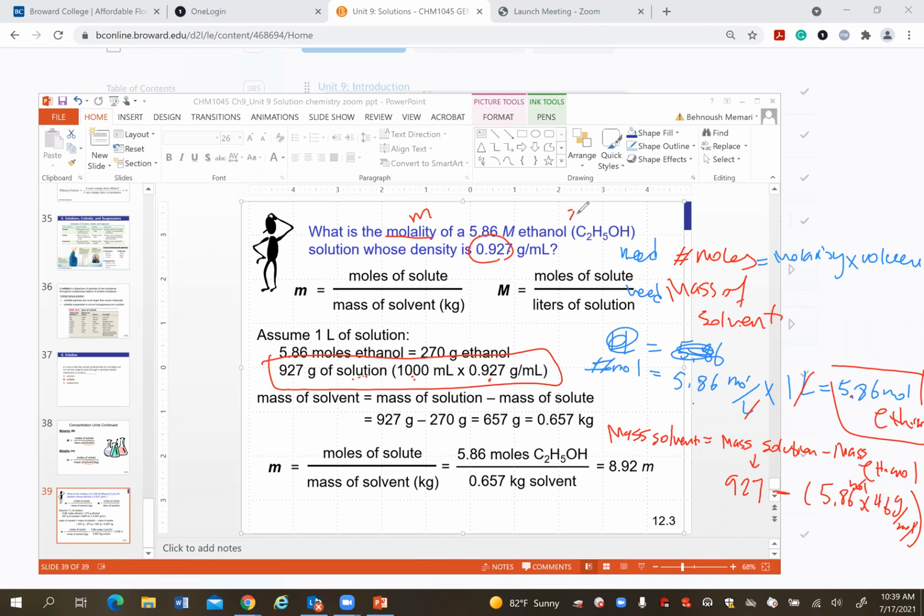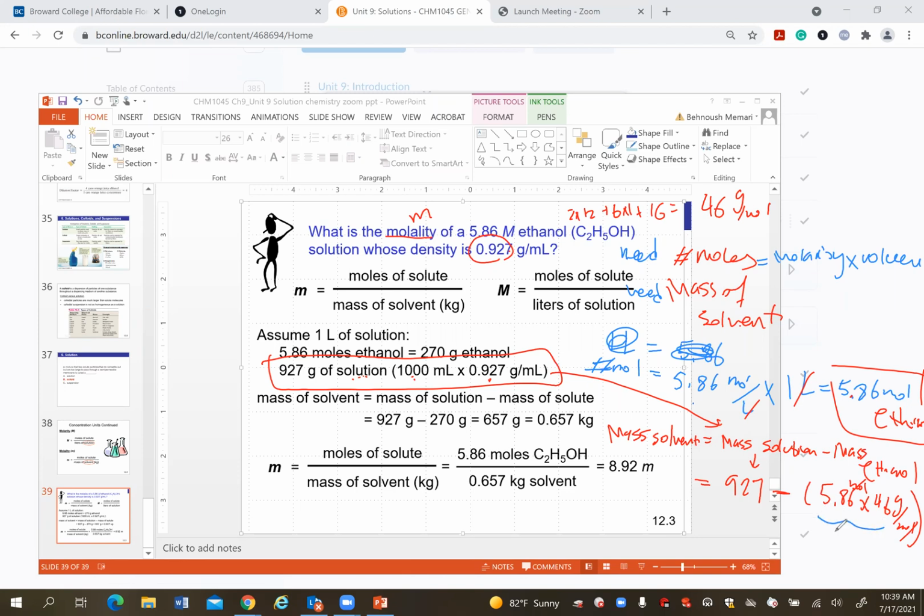That's 2 times 12 plus 6 times 1 plus 16. That gives you 46 grams per mole for ethanol. So the mass of solvent is coming from here. You subtract these two.